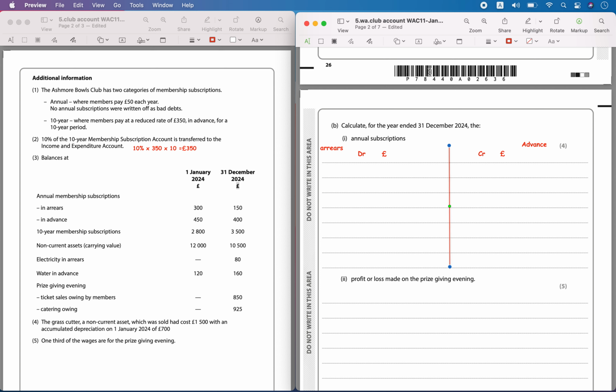So 300 in arrears, let's write that. This was on 1st January 2024, the balance brought down.